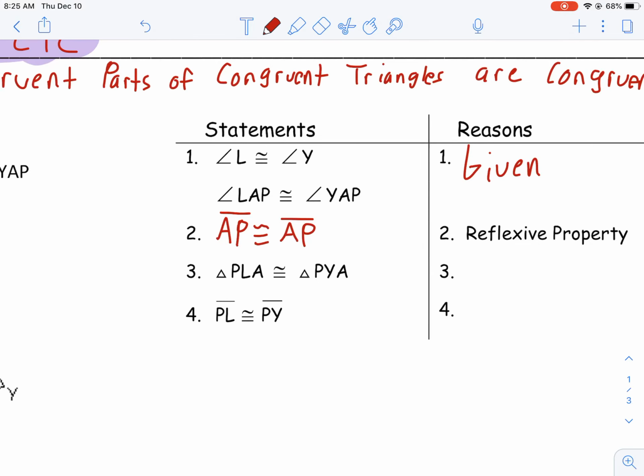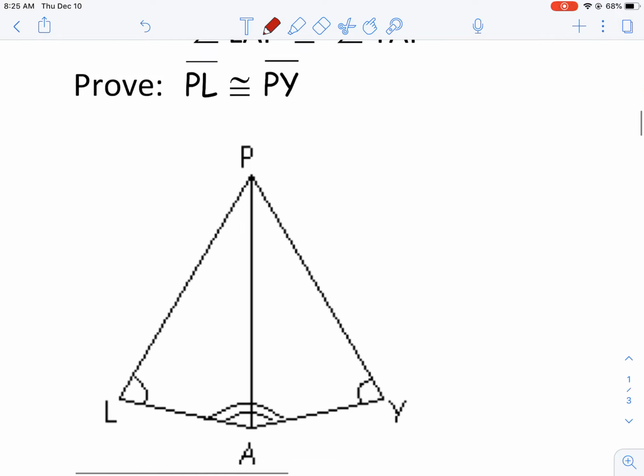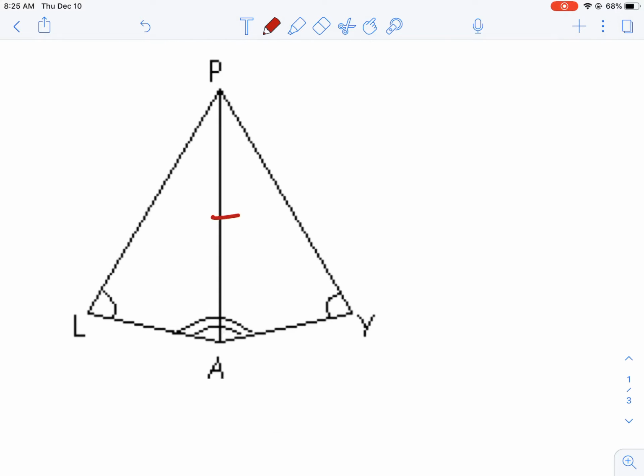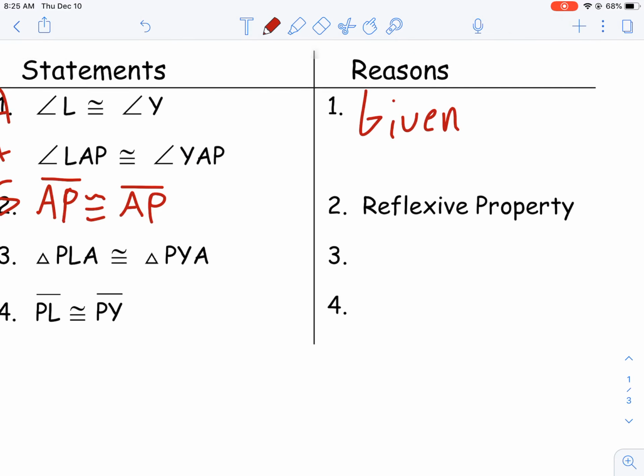We have an angle and a side. Is the side in between the 2 angles? No, that's not the side we have. This is the side we have. So the side's not in between the 2 angles. It's angle, side. So we know our triangles are congruent by angle, side.